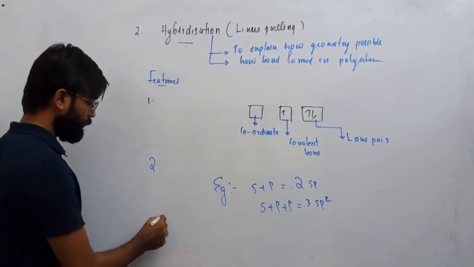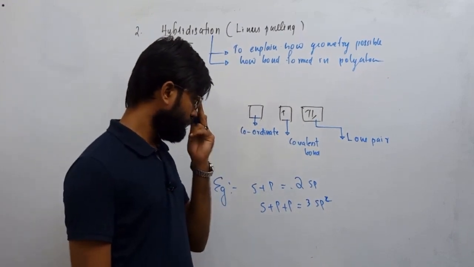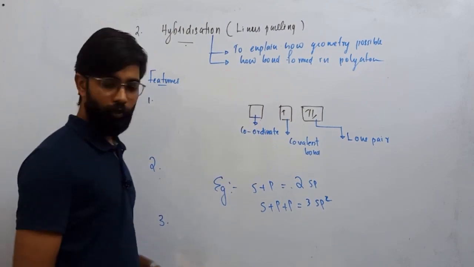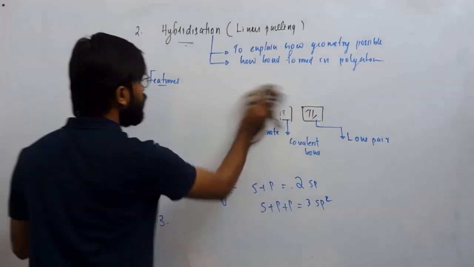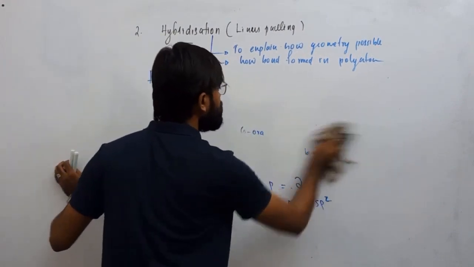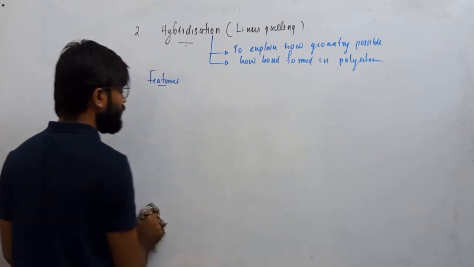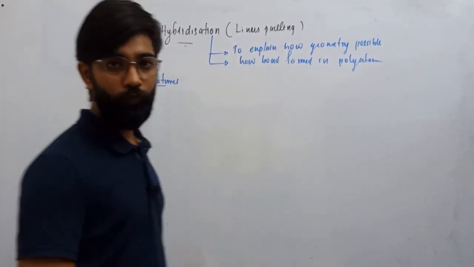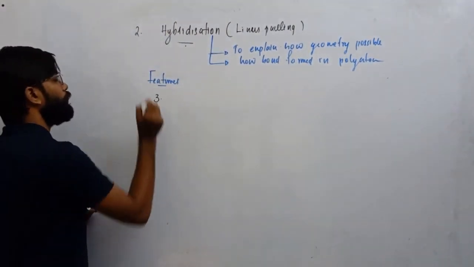Okay. The third point, that is, hybrid orbitals are arranged in space. Each hybrid orbital is arranged in space to bring the shape of the polyatomic molecule.